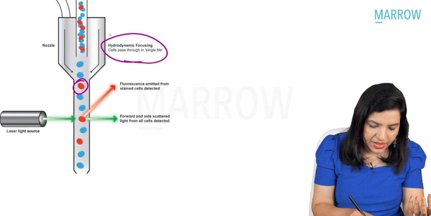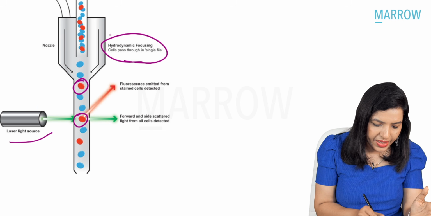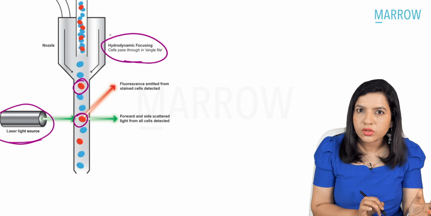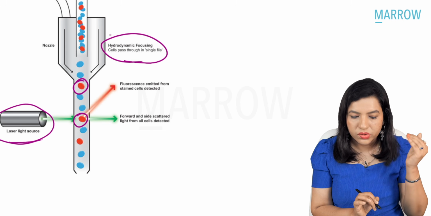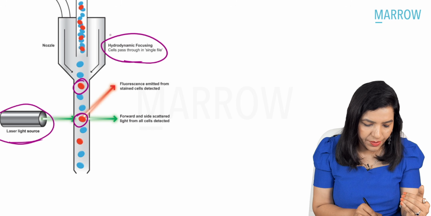When a stained cell passes through this outlet, there is a laser light source. This laser light is projected here, emitting a light.